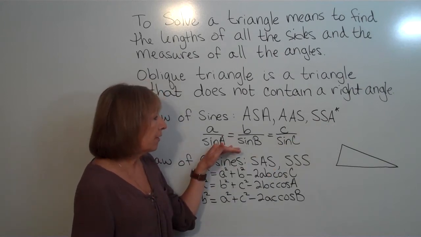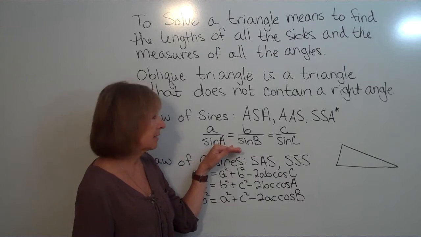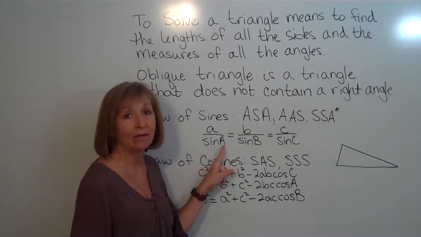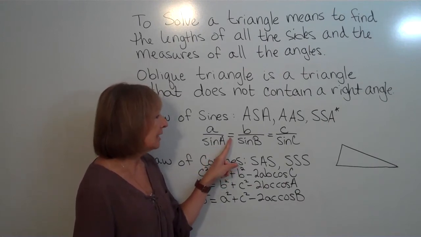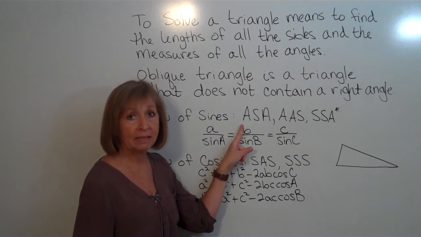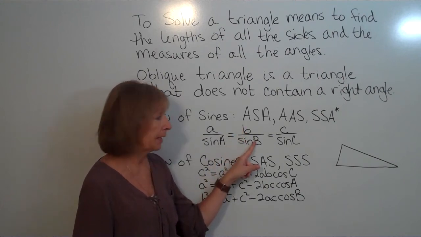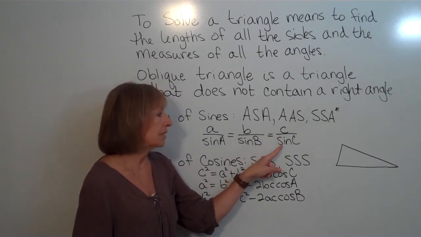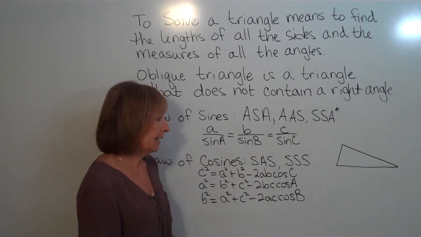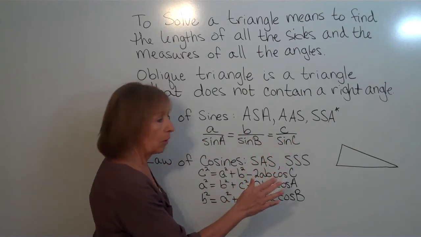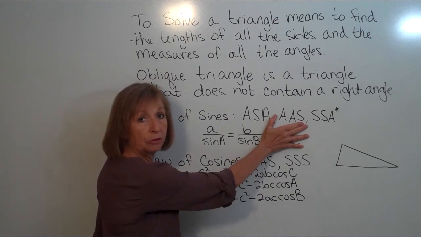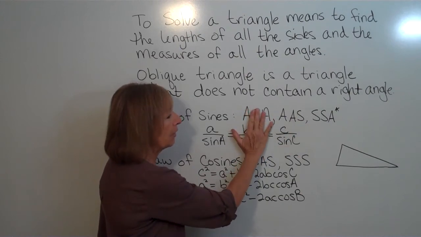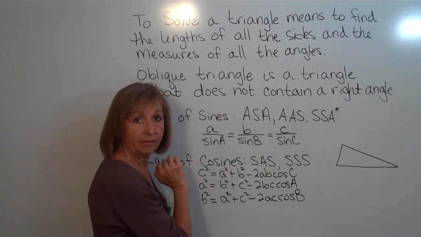With the law of sines, the relationship is that the length of side a is to the sine of the angle opposite it, angle A, in proportion to the length of side b divided by the sine of angle B, which is also in proportion to the length of side c over the sine of angle C. And while this is written as three in a row, you really just take the proportion that you need, with two ratios equal to each other, for what information you have and what information you want to have.